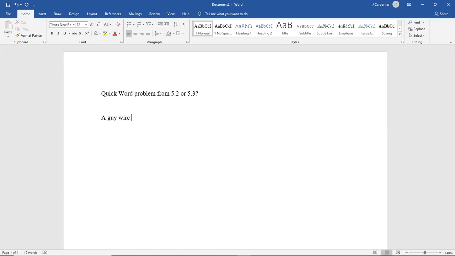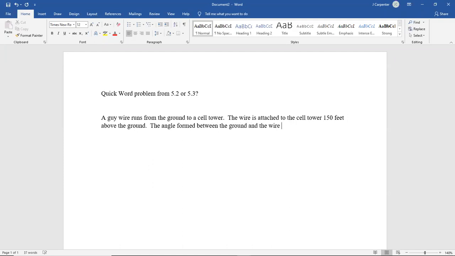A guy wire runs from the ground to a cell tower. The wire is attached to the cell tower 150 feet above the ground. The angle formed between the wire and the ground is 50 degrees.